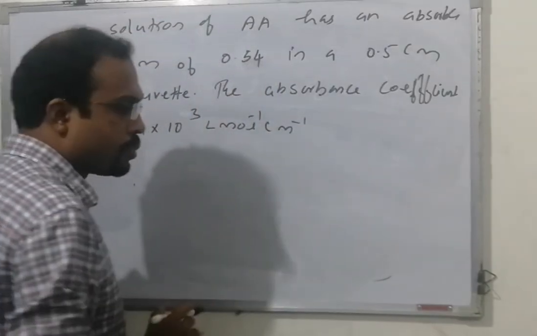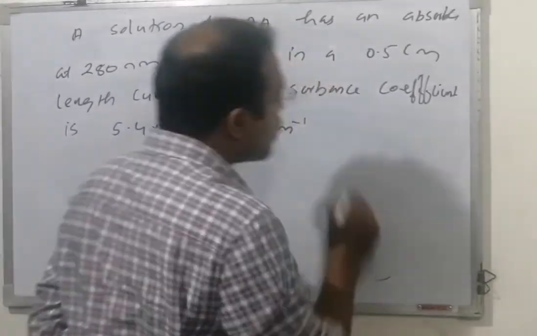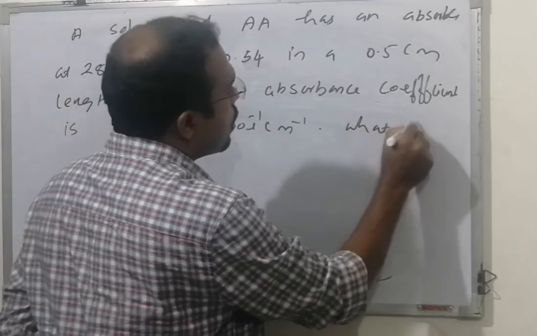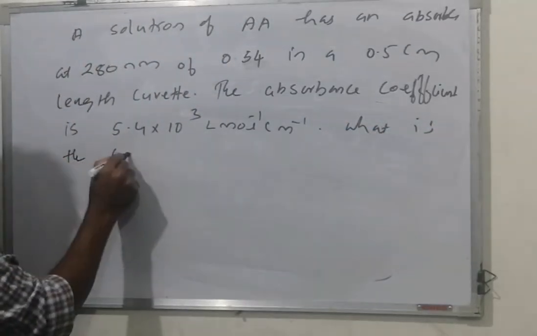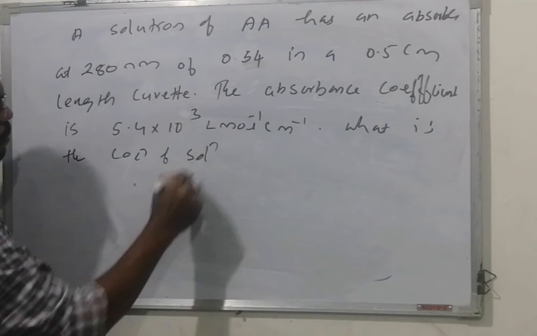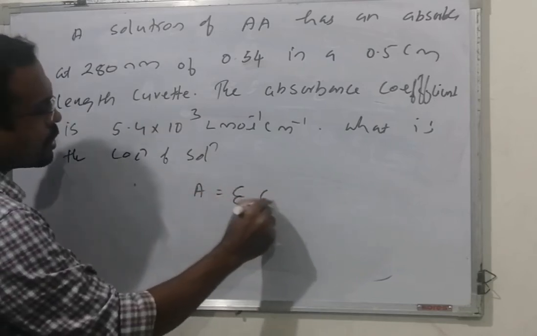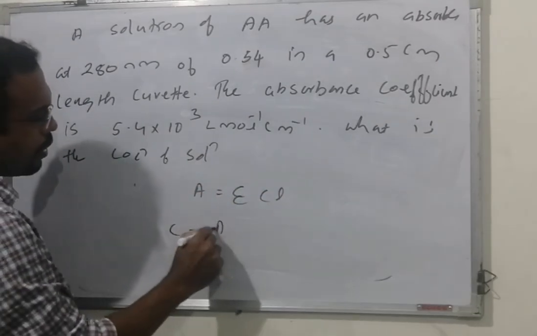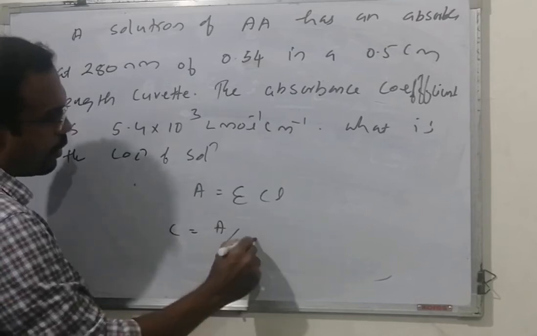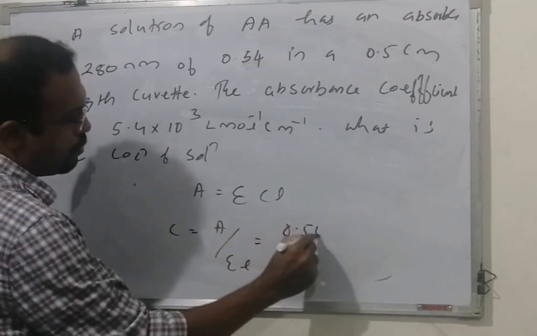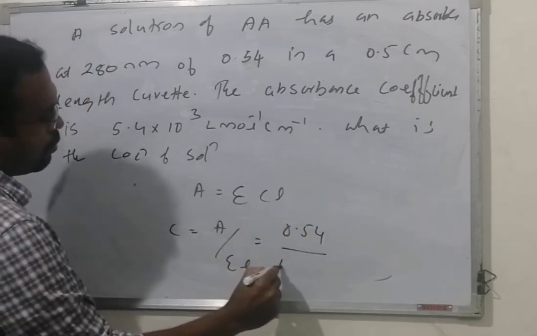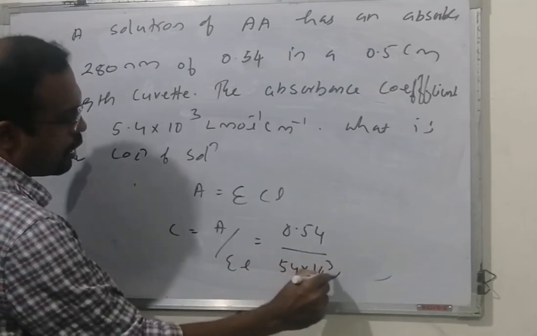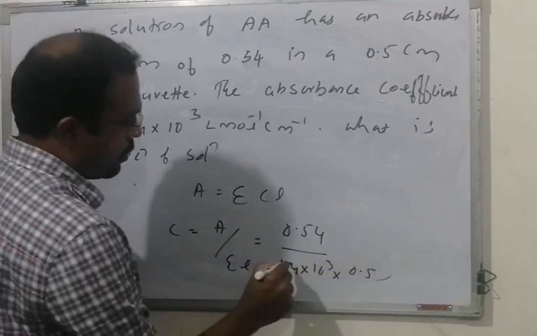Therefore, it is a molar absorption coefficient. What is the concentration of the solution? Very simple. A equals epsilon C L, so C equals A by epsilon L. A is 0.54, epsilon is 5.4 into 10 raised to 3, and L is 0.5.